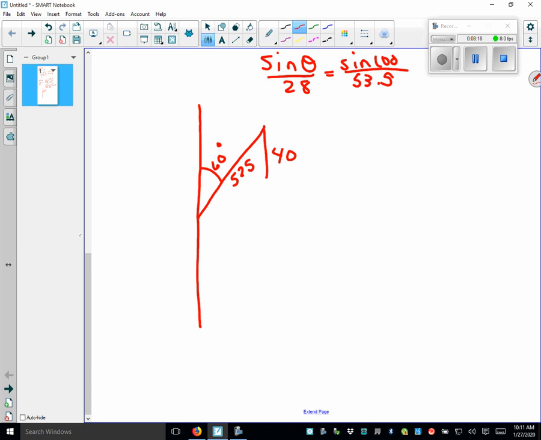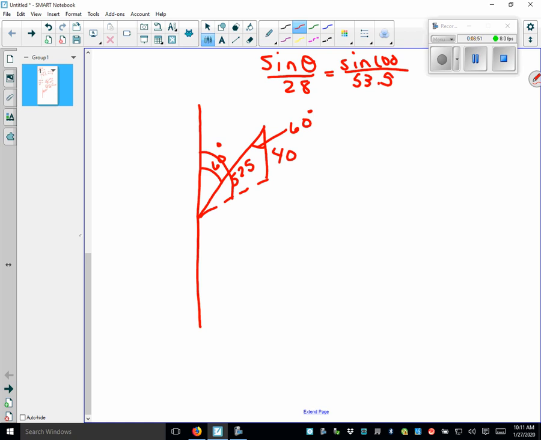The ground velocity, which is this, and the direction, which is this. How would I find an angle in my triangle? Alternate interior. Good job. So what is this? 60. Okay.